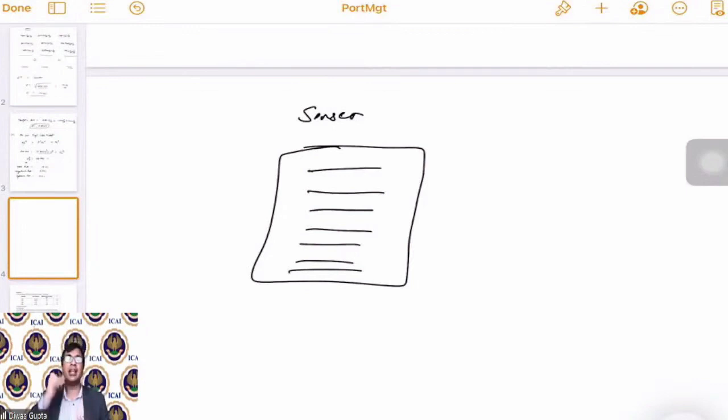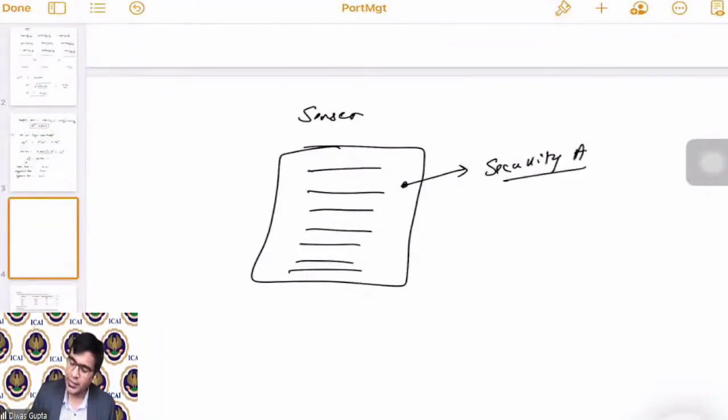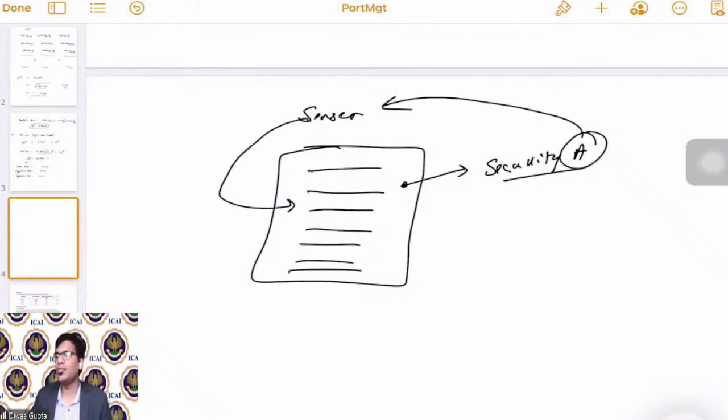For every second the trade happens, all these metrics and calculations get refreshed. So let's say security A is part of the Sensex. Security A will move how Sensex moves, and Sensex again will move how security A moves.